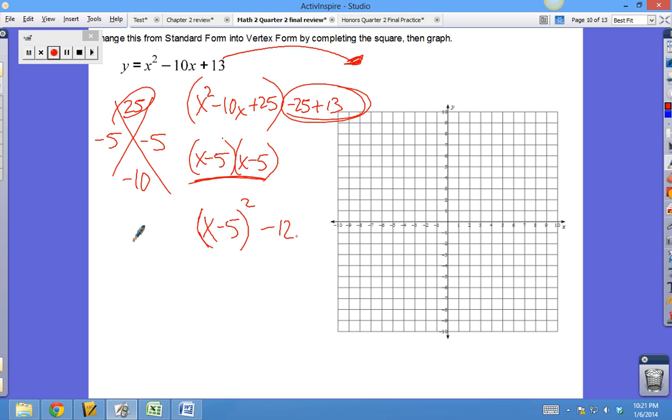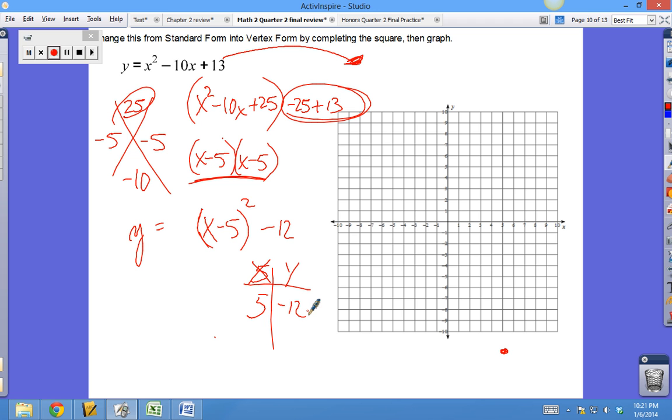Okay, now if you've got to graph this, it's now in vertex form, so it's easy. My vertex is going to be a negative 5, so that's telling me to go right 5 and down 12. So right 5 and down 12 is just barely off the graph. So I went right, this is my x, this is my y. I went right 5 and I went down 12.